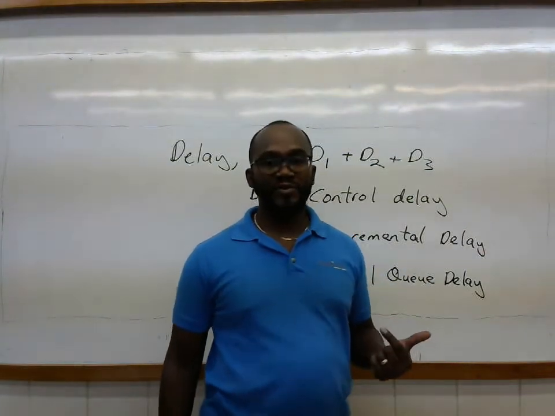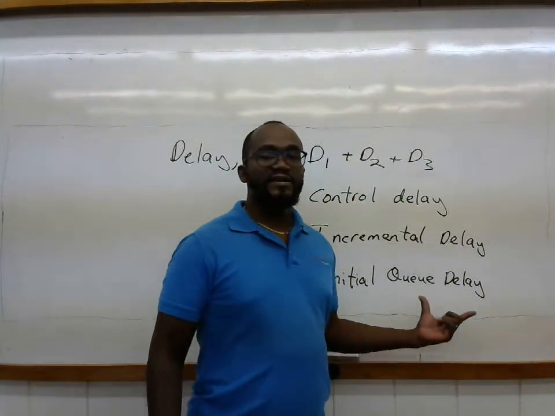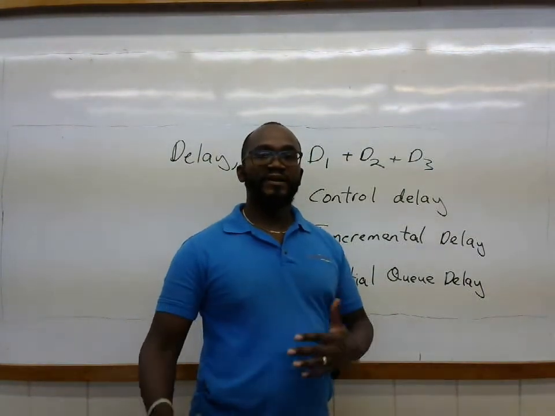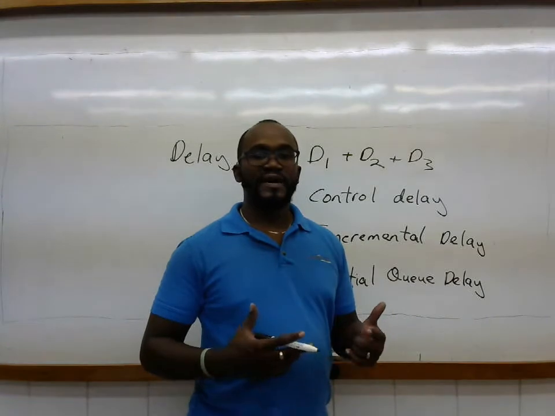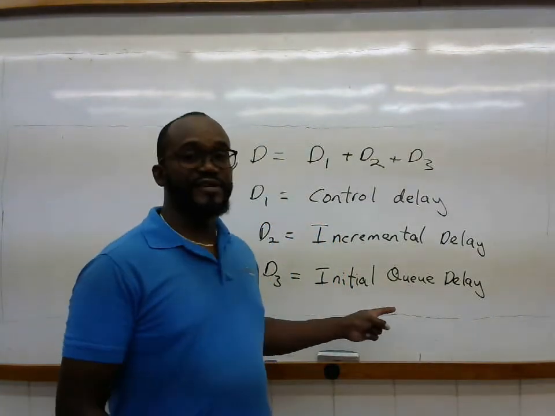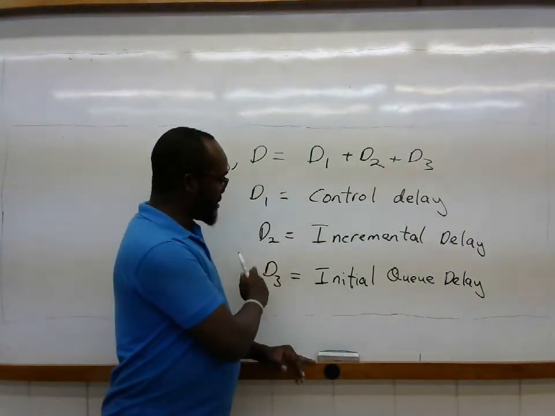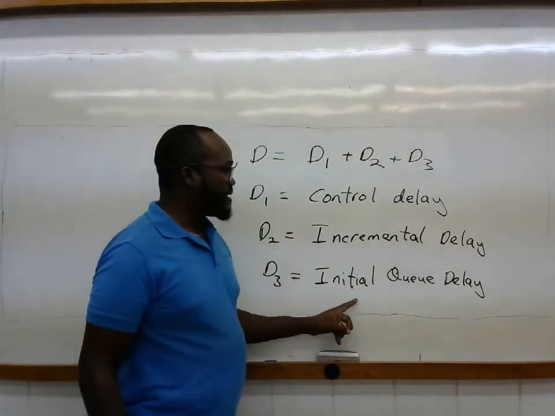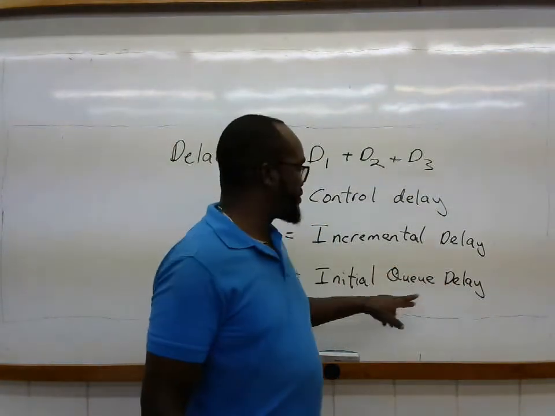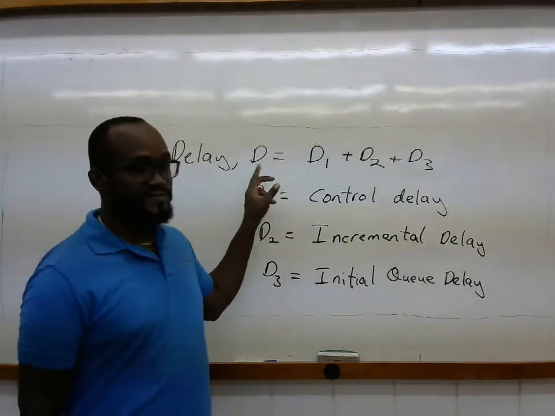For example, the southbound approach would have had a queue. If we were to ignore the effects of that queue, then we would be underestimating the delay passengers or drivers, as the case may be, experiencing in the traffic stream. So as part of the methodology, there is a formula to determine this factor, which then contributes to the overall delay D.